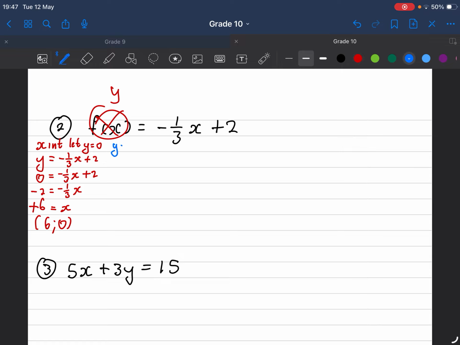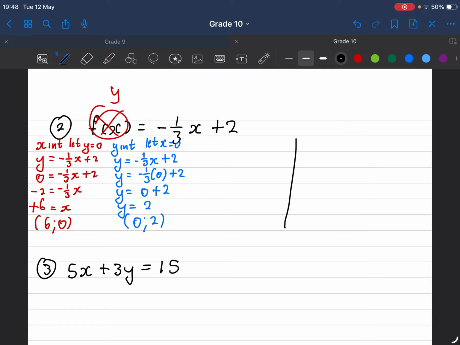Then y-intercept, let x equal 0. So y equals negative 1 over 3x plus 2. y equals negative 1 over 3 into 0 plus 2. So y is equal to 0 plus 2, which is just 2. And my coordinate therefore is going to be 0 and 2. Draw a Cartesian plane and plot those 2 points.